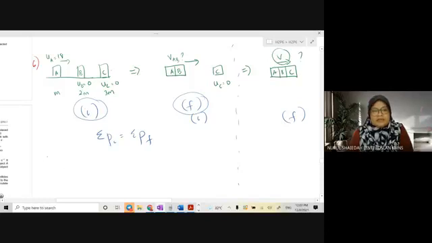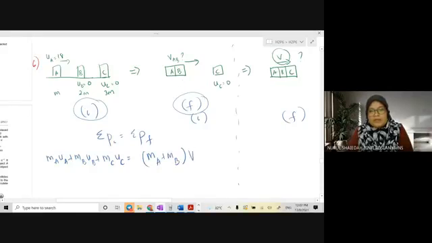Initial you have MA UA plus MB UB plus MC UC equals, final, A and B have combined: MA plus MB, VAB, plus MC VC. But VC is actually zero.